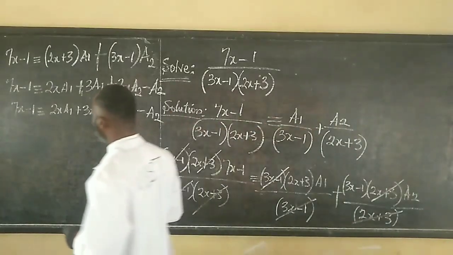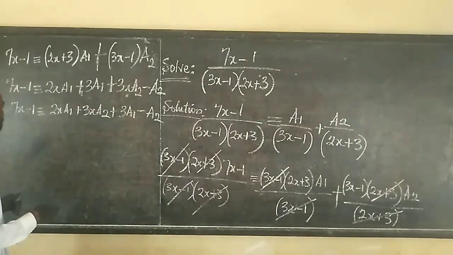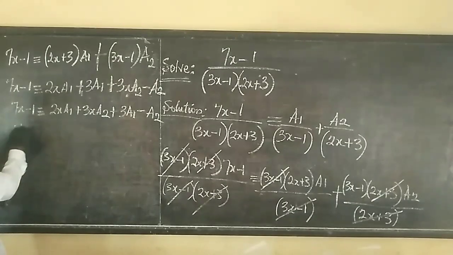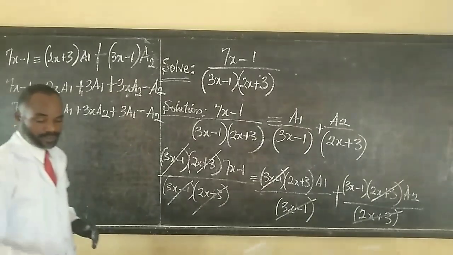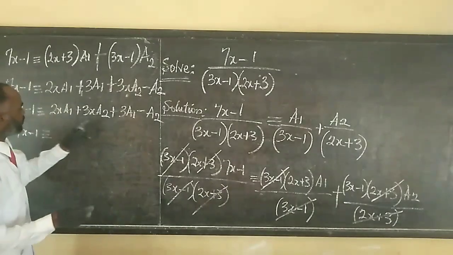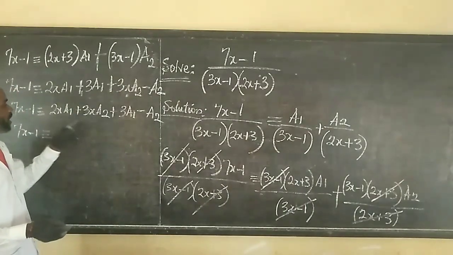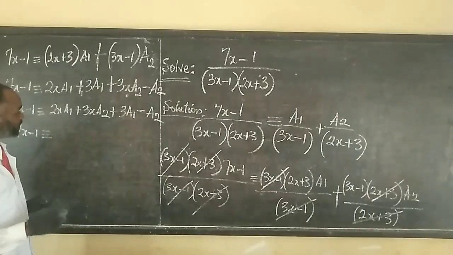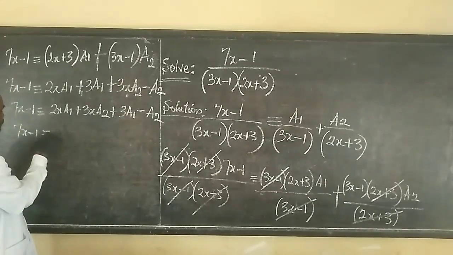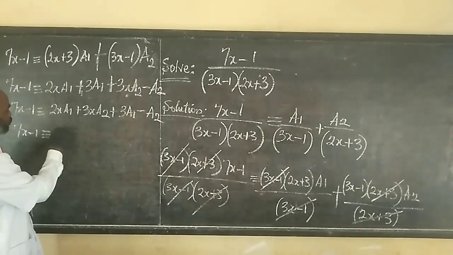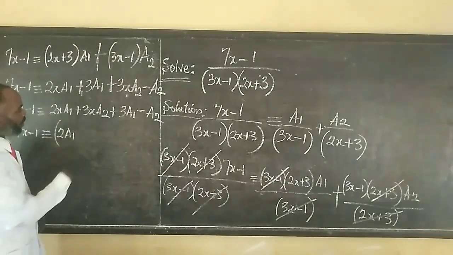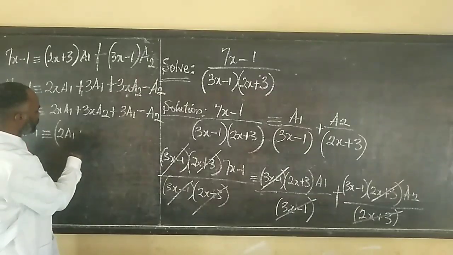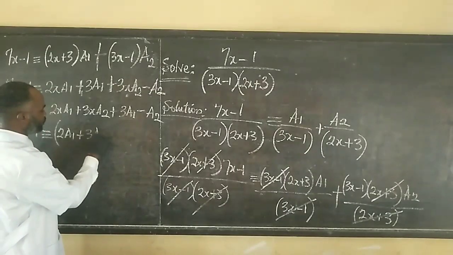Now, let's go on. Something is very, very important here. We maintain 7x minus 1 equivalent to, let's see, something is common here. A1, A2, something is common, and that is x. So we have 2A1 inside the brackets, also 3 plus 3A2 going to be inside.